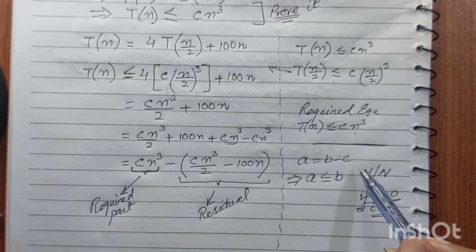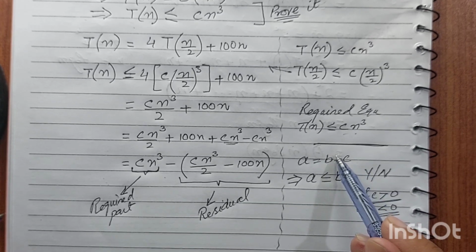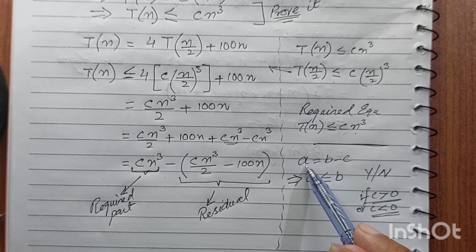And what if c is negative? So the negative of c, this negative will become positive, so you are adding something into b and then this whole part would be equal to a.